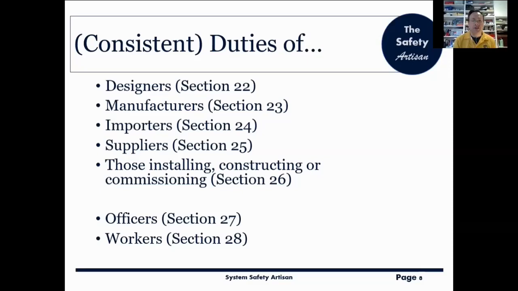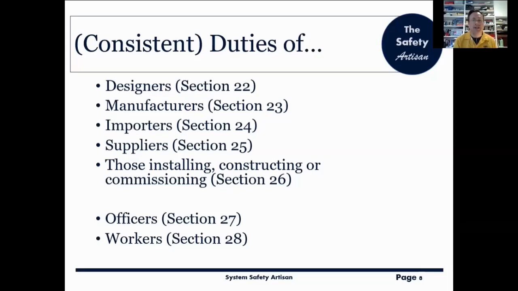If we look at sections 22 through 26, we see that very similar duties apply to designers, to manufacturers, to importers, to suppliers, and to those installing, constructing, or commissioning plant, substances and structures.